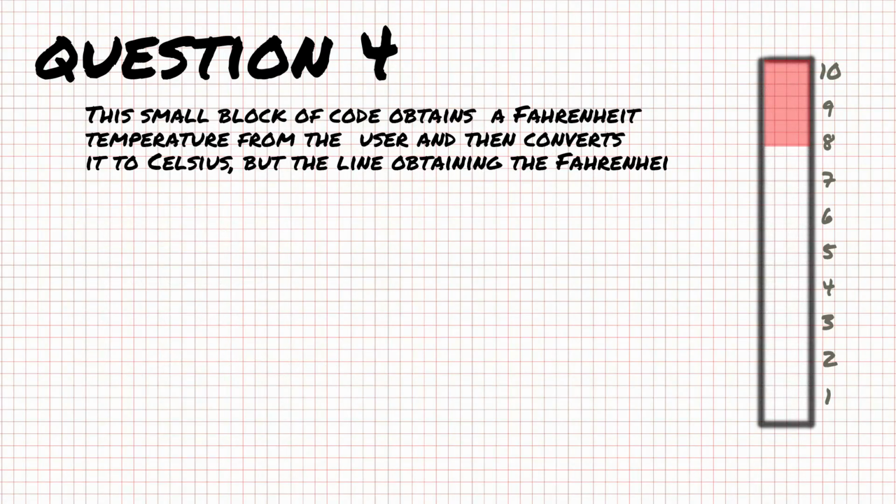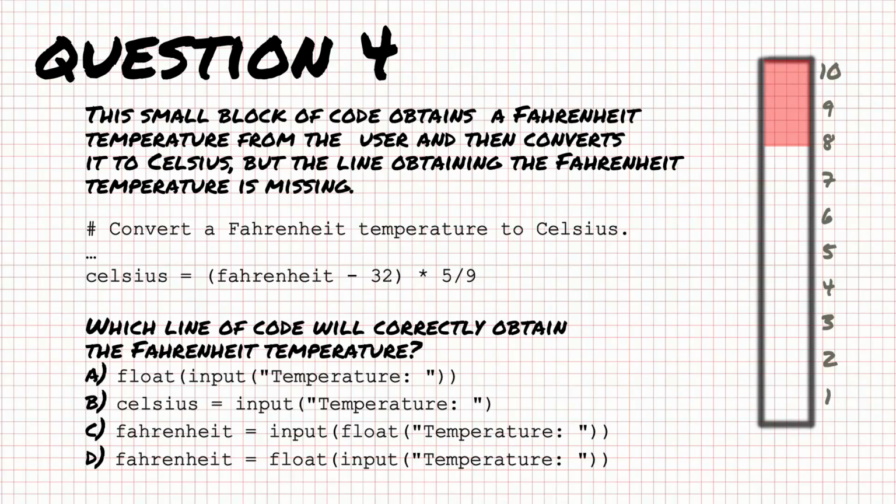Question 4. This small block of code obtains a Fahrenheit temperature from the user and then converts it to Celsius, but the line obtaining the Fahrenheit temperature is missing. # convert Fahrenheit temperature to Celsius, missing line, celsius = (fahrenheit - 32) * 5/9. Which line of code will correctly obtain the Fahrenheit temperature?